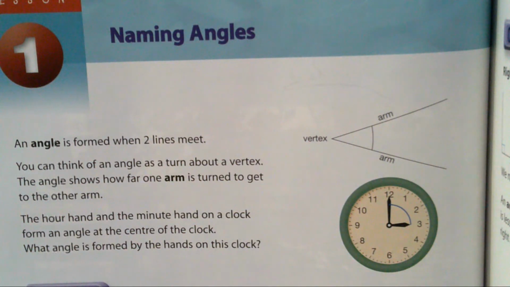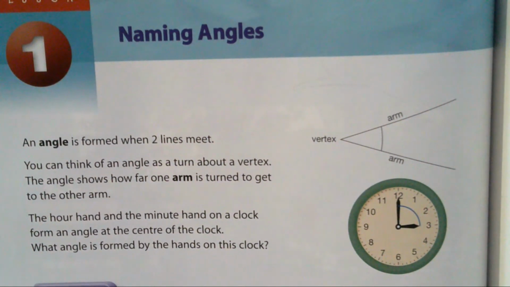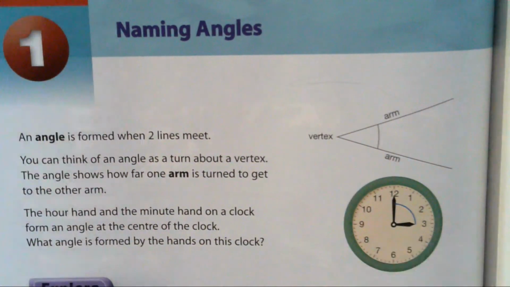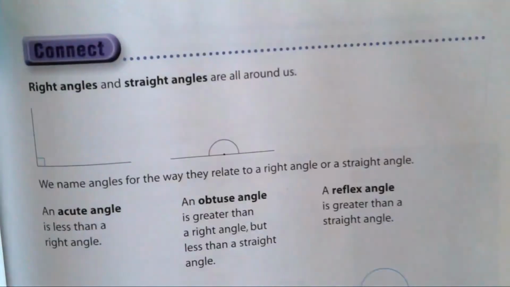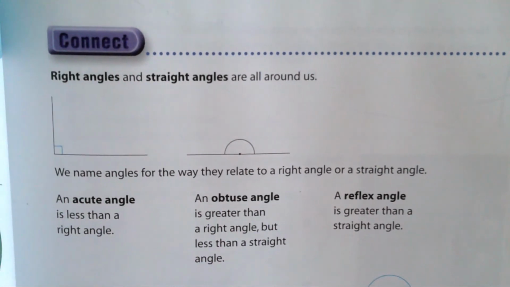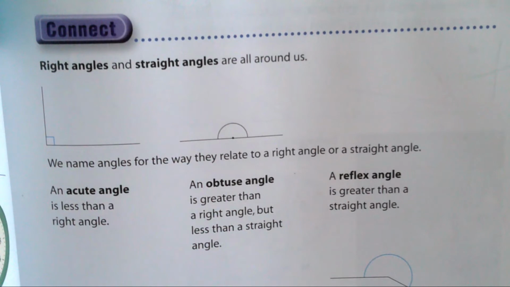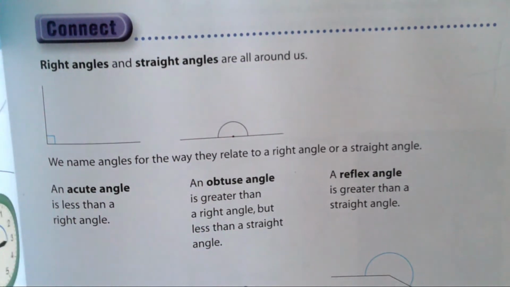Now, I'm going to tell you the different types of angles so that you can take a guess on which one you think this one is. So I'm going to go to the next page here, and I'm going to make sure you can see this. Right angles and straight angles are all around us.